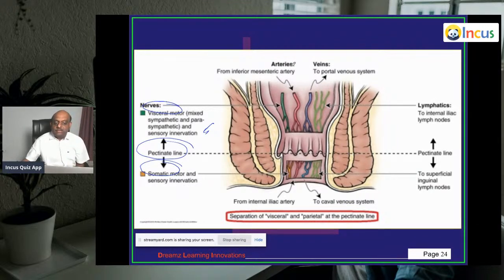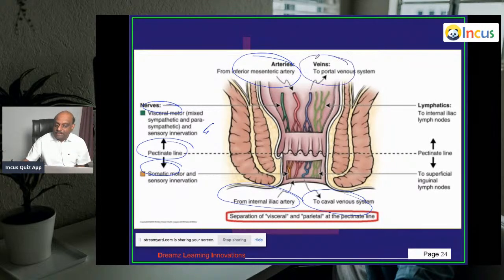Above the pectinate, it is the inferior mesenteric artery which supplies, because it's a part of the hindgut. Below that pectinate line, the branches from internal iliac artery supply. Below the pectinate line, all the blood will go into inferior vena cava, caval venous system.